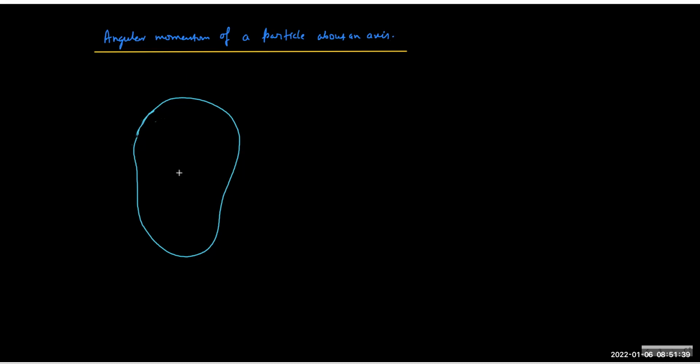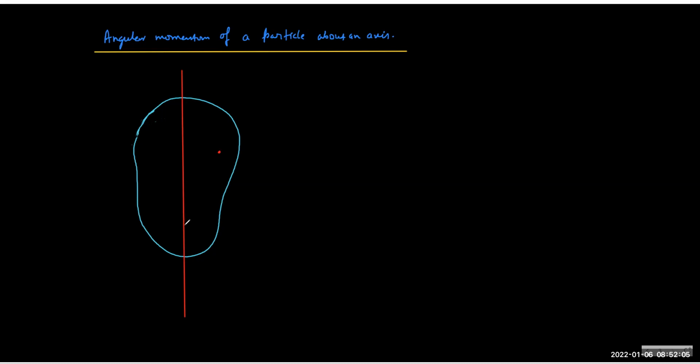So let's say this is the axis. This may be a body, but we are looking at just one particle, which is maybe part of a body. We want to find the angular momentum of this particle about this axis. As a traditional rule, you cannot find the answer about the axis directly.